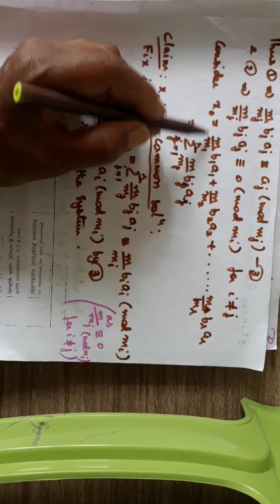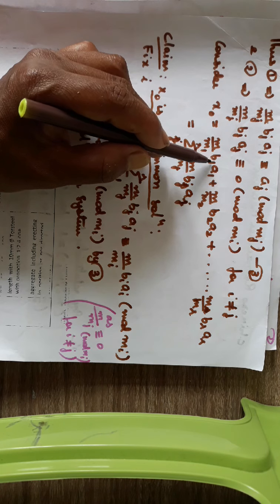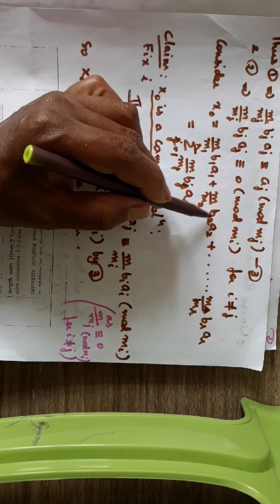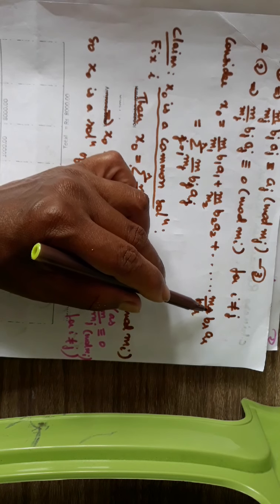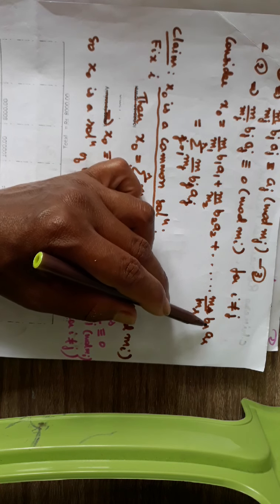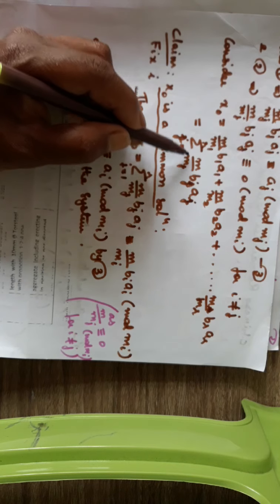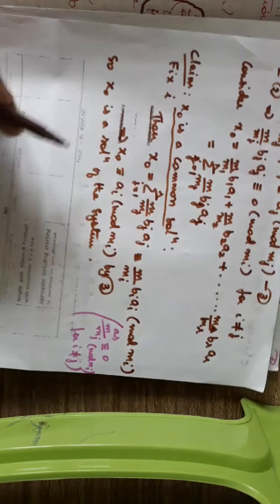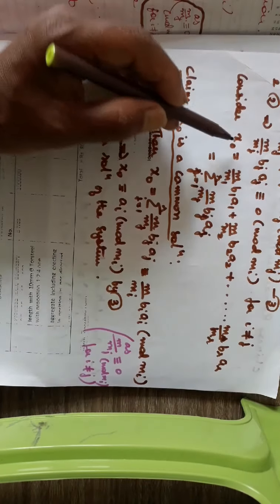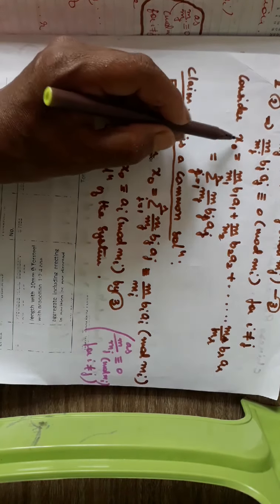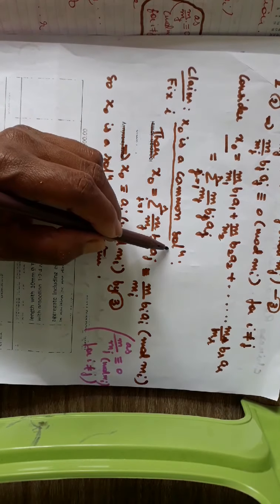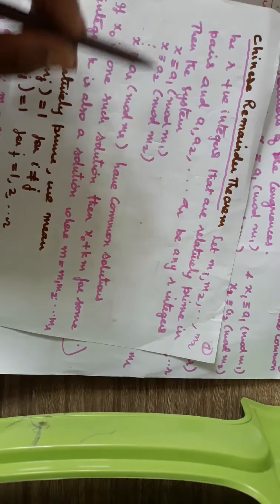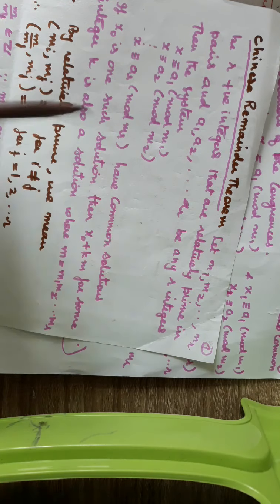Now consider x naught equal to M by M1 into b1 a1 plus M by M2 into b2 a2, and so on up to M by Mr into br ar, which is equal to the summation of M by Mj into bj aj, where j varies from 1 to r. What we need to show is that this x naught is a common solution of the system of linear congruences x congruent to a1, x congruent to a2, up to x congruent to ar mod Mr.